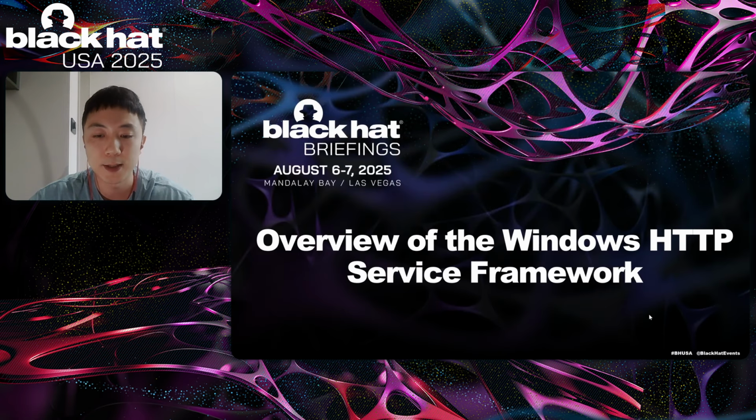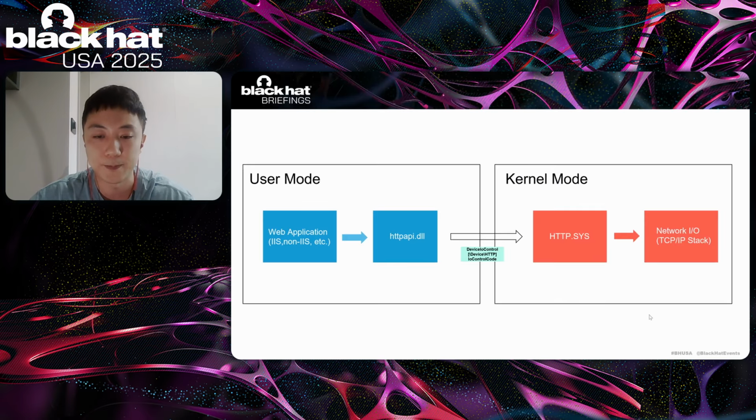In the second part, I will share the framework of HTTP services. Web applications based on HTTP APIs interact with the kernel component HTTP.sys through interfaces provided by HTTP APIs. These interfaces use the DeviceIoControl function with specific I/O control codes.